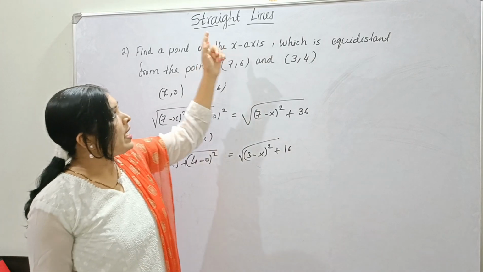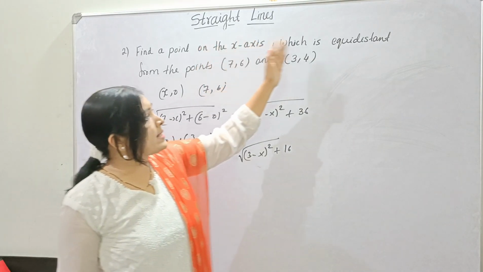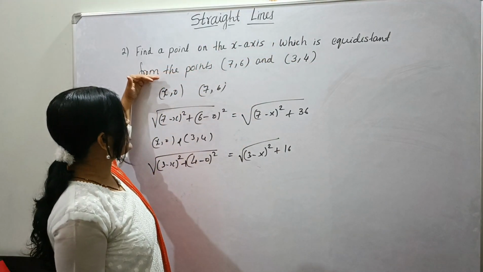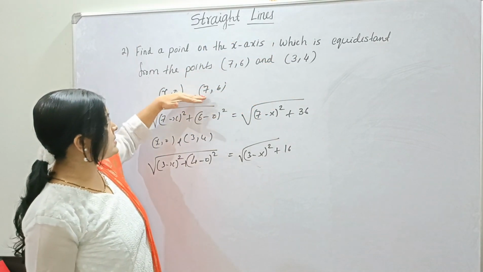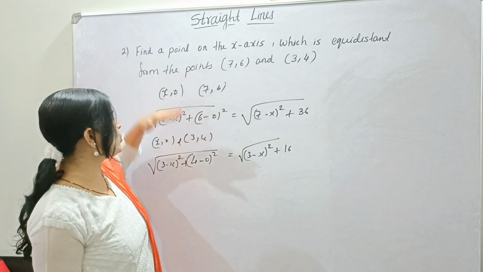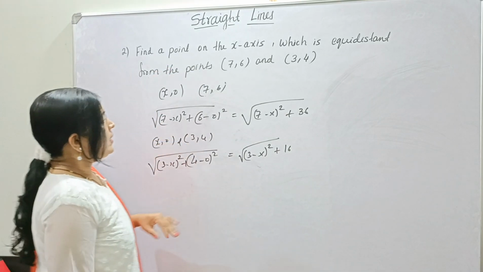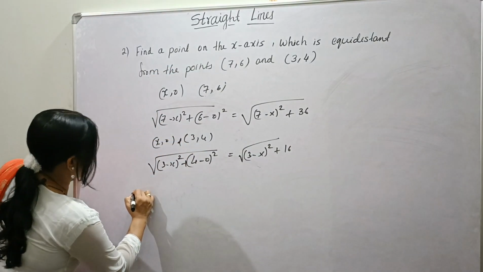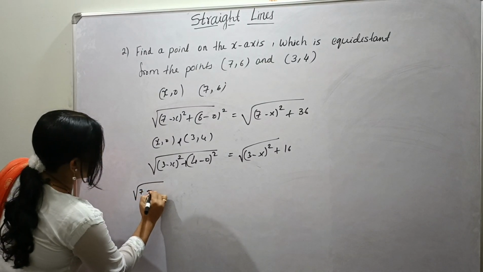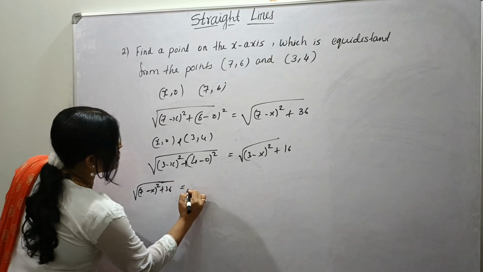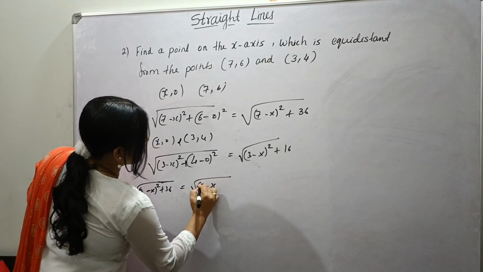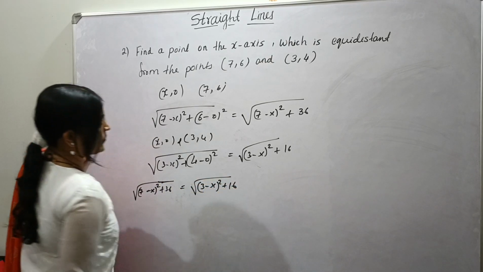The point on the x-axis is equidistant from the points (7, 6) and (3, 4). So the square root of (7 minus x) whole square plus 36 is equal to the square root of (3 minus x) whole square plus 16.